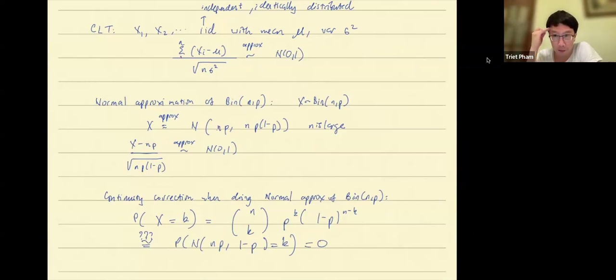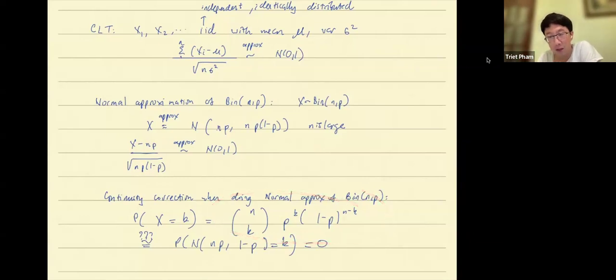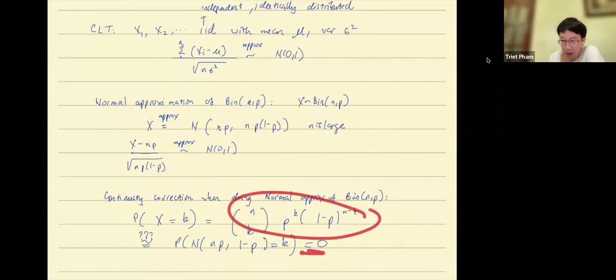It's a continuous random variable. While this should be a number, however small that is, it's still a number. When N is like 100, then the probability that the binomial takes on any particular value is small, because there are 50 scenarios or whatever. But either way, this is a non-zero number, and this has to be 0, by definition of a continuous random variable.